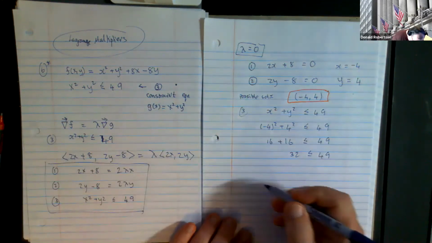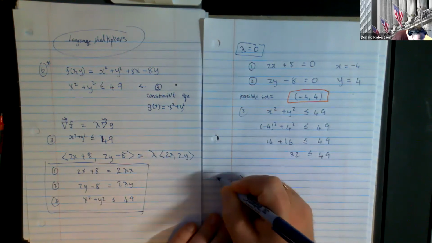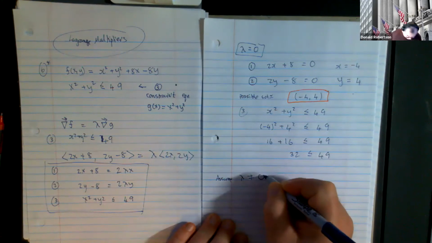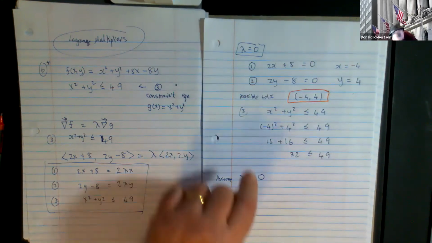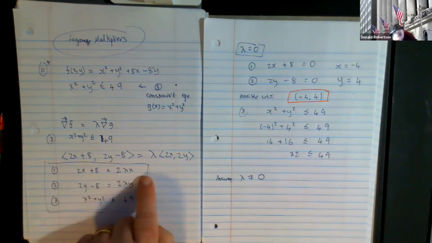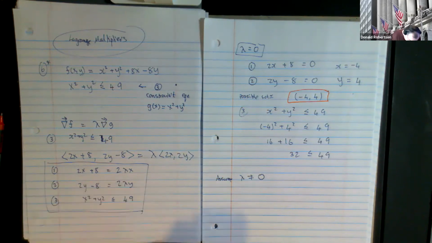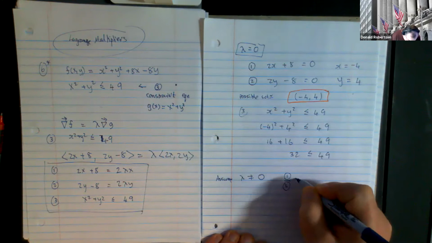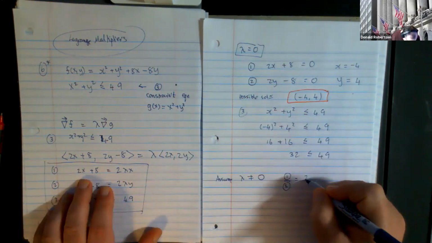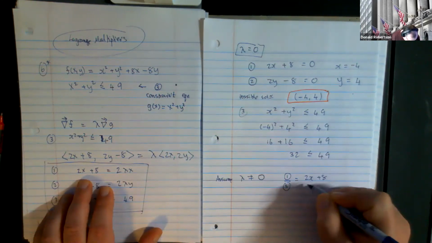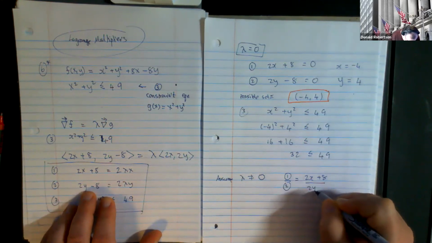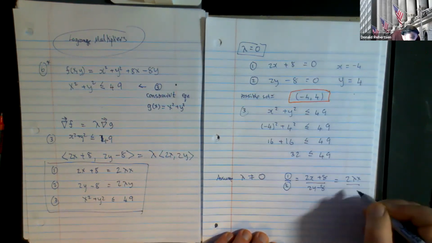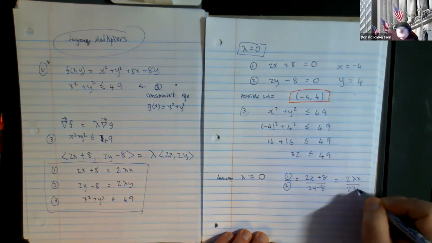Now we do assume that lambda is not 0. Then I'm going to take equation 1 and divide it by equation 2, which means I'm going to get 2x plus 8 over 2y take away 8 equals 2 lambda x over 2 lambda y.